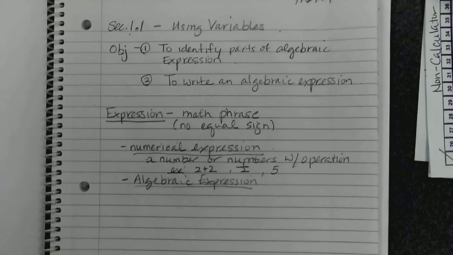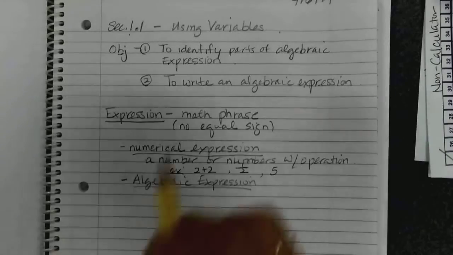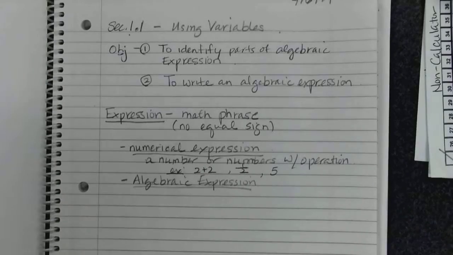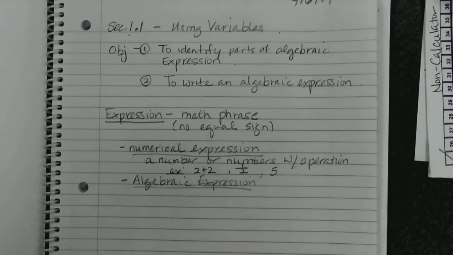It's just a number. And we also call that a constant. A number is a constant because a number doesn't change, and the word constant means it never changes. So any number you see is called a constant. All right, now we go into algebraic expression. Like this, there is no equal sign, but algebraic expressions have a variable.